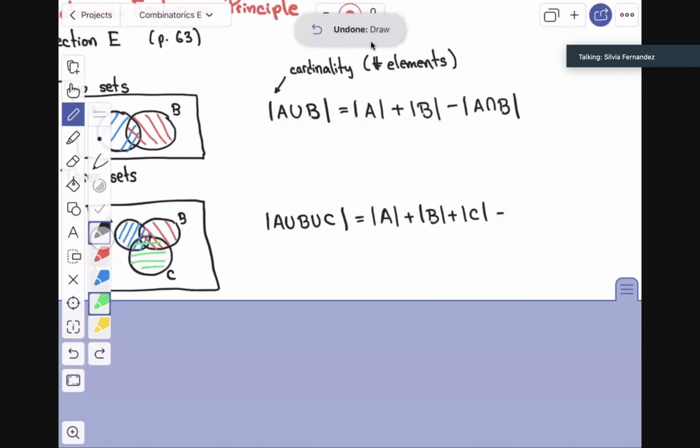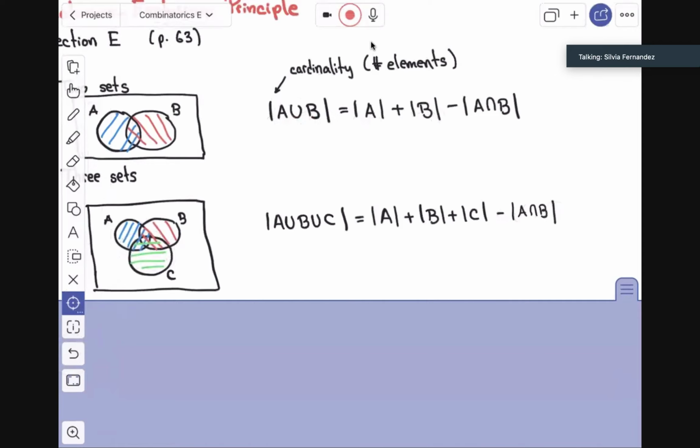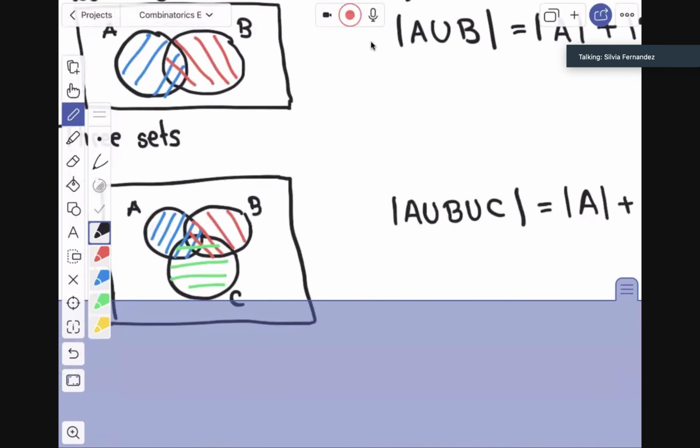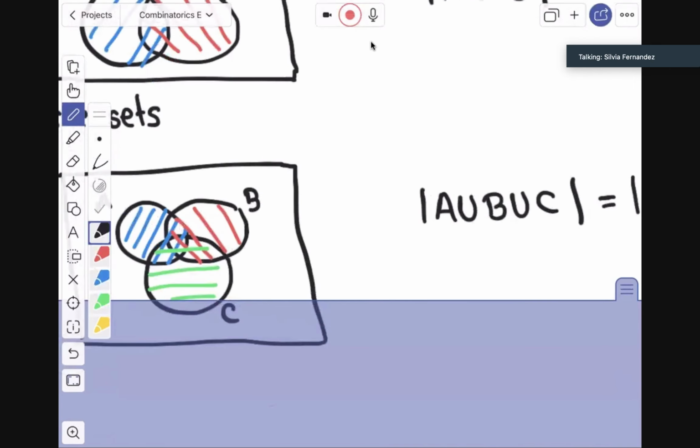So I'm gonna do minus the intersection, because those elements were counted twice, at least some of them. The elements in this small region were counted twice, once by A and once by B. So I'm gonna subtract them once so that that region is fixed.